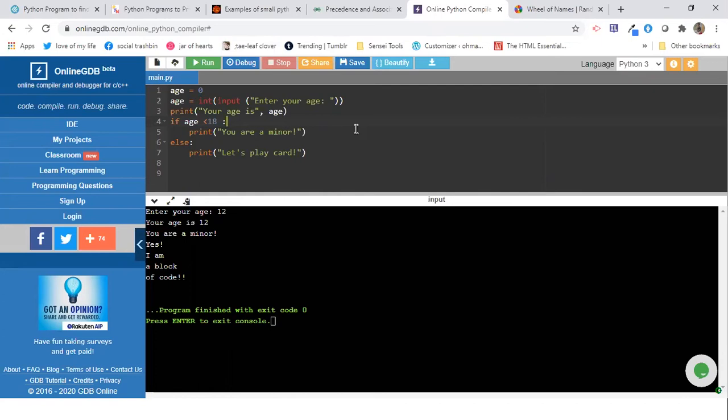May error. Meron pa, wala. Wala. Try nating i-run.